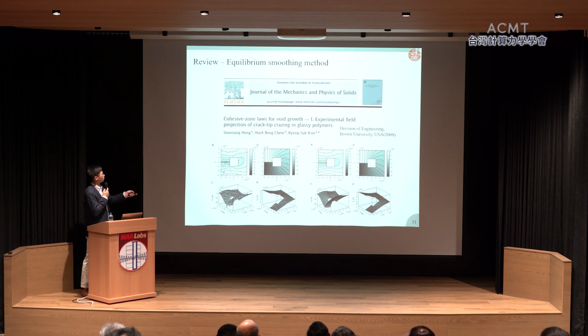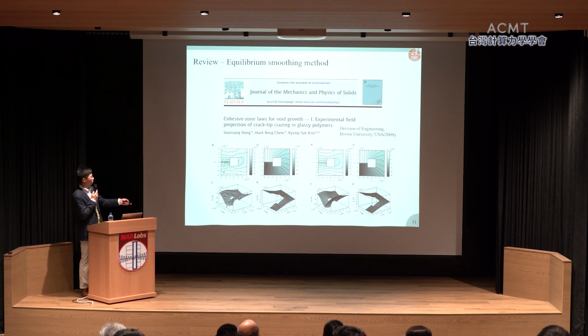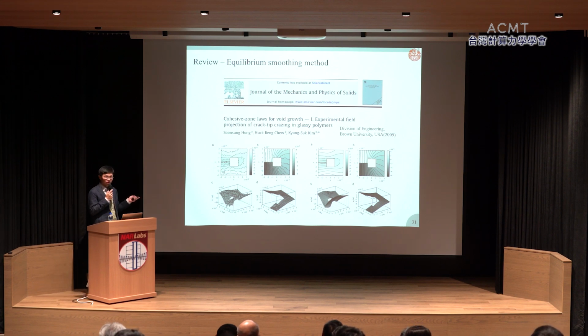The second point is, here is my former advisor. He used a technique called experimental field projection to remove the experimental measurement error, or you can call it measurement noise. Same idea, because this is a linear system.